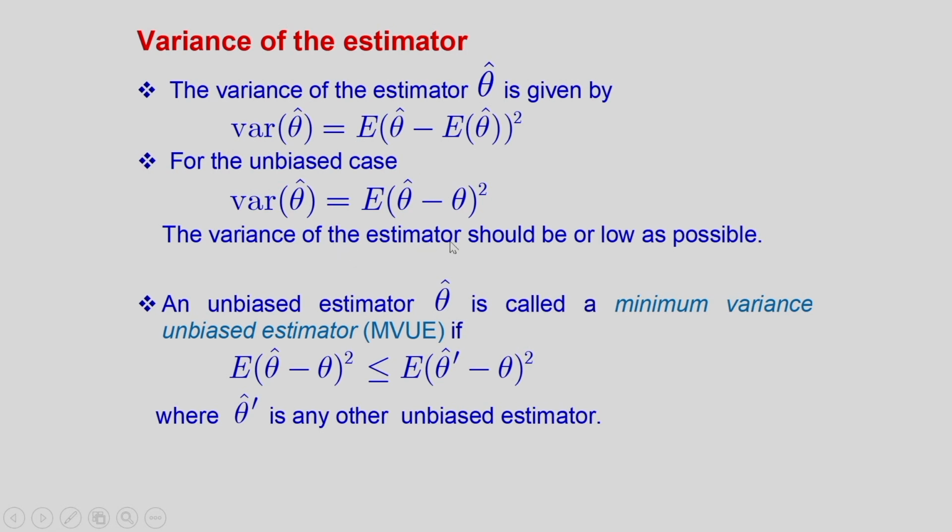The variance of an estimator should be as low as possible. An unbiased estimator theta hat is called a minimum variance unbiased estimator, MVUE, if E of (theta hat minus theta) whole square, that is the variance of theta hat, is less than or equal to E of (theta hat dash minus theta) whole square, that is the variance of theta hat dash, where theta hat dash is any other unbiased estimator.